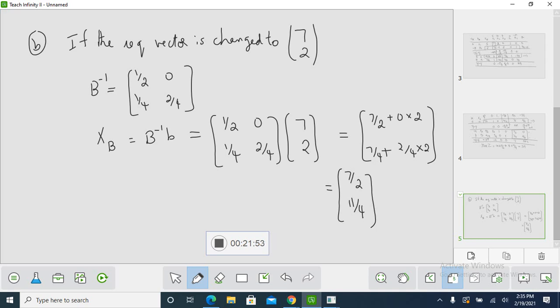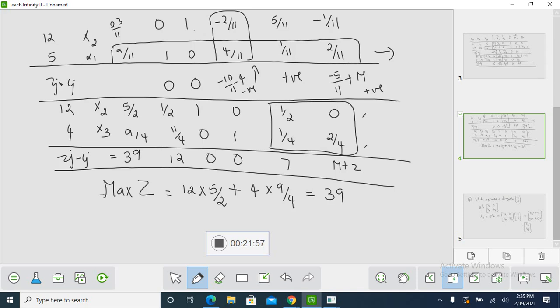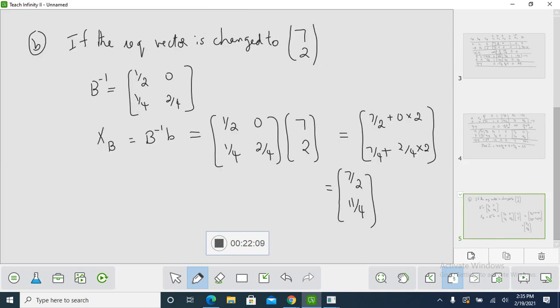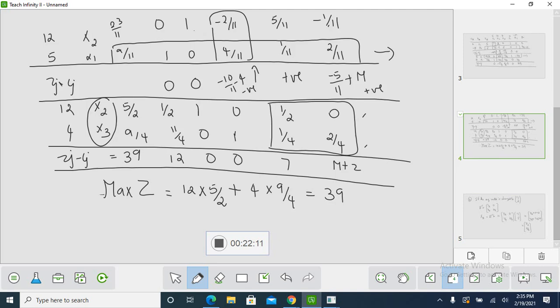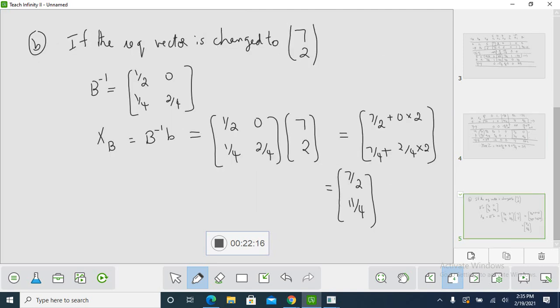And what does this correspond to? This corresponds to the x2 and x3 values. This is what you were reading, no? You read x2 is 5 by 2, x3 is 9 by 4. So corresponding to this XB value, which is x2 and x3.